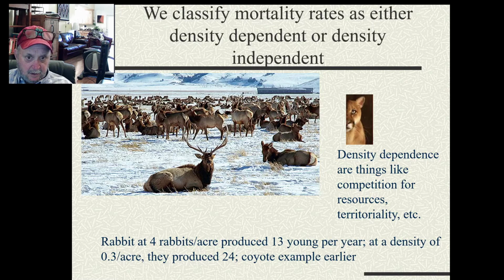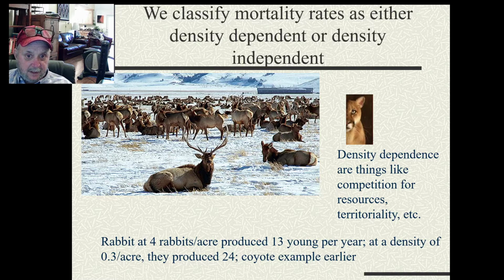Density independent is when a weather catastrophe, like a huge blizzard, hits. It wouldn't matter if there were only 2 elk in those pictures, they would die. So density dependent and density independent are 2 different forms of mortality.